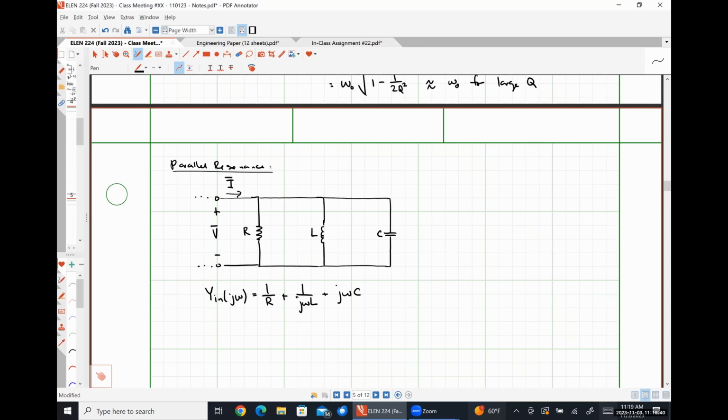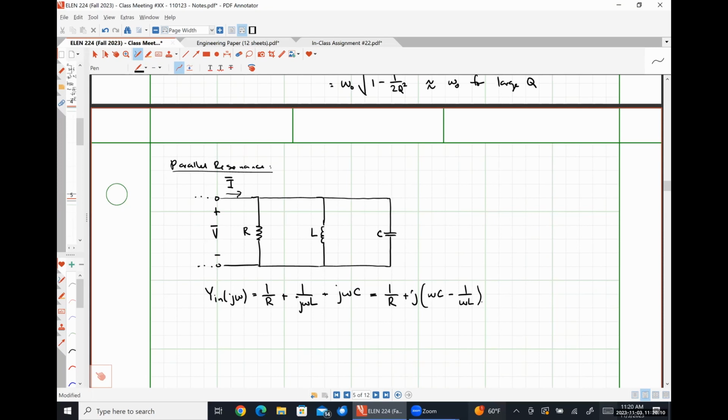Okay. I can lump together my imaginary terms, and so this would give me 1 over R plus j times (omega C minus 1 over omega L). And once again, we should observe that our resonant frequency occurs when the imaginary part of this admittance goes to 0, right?